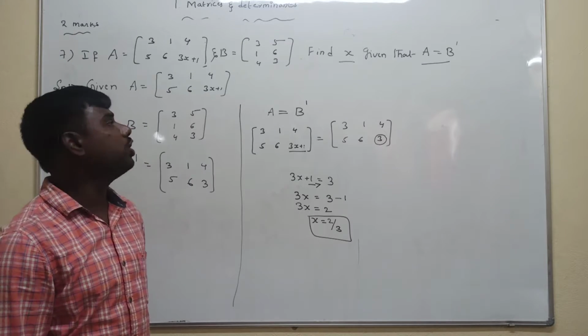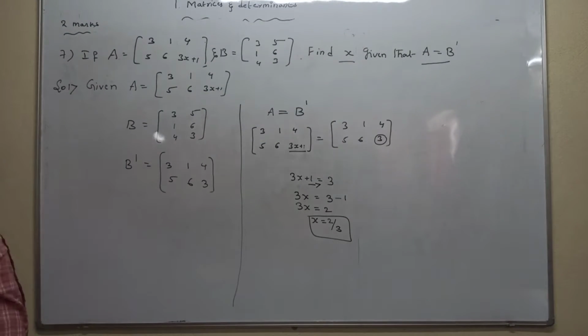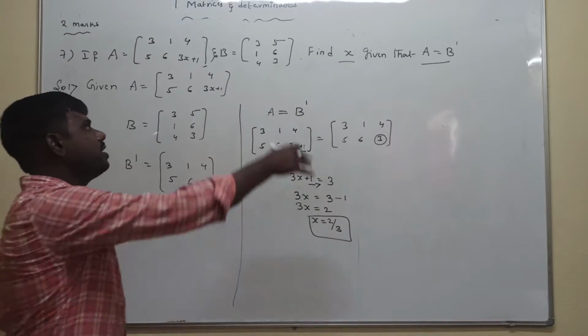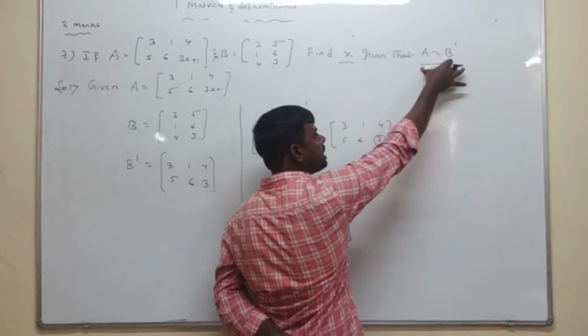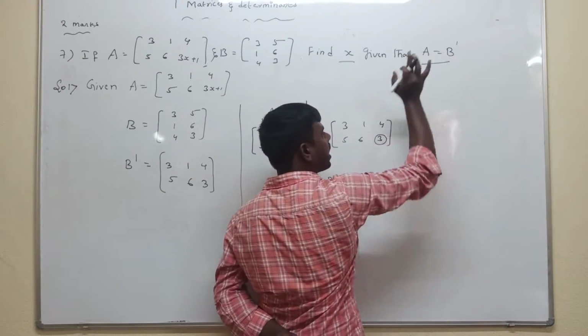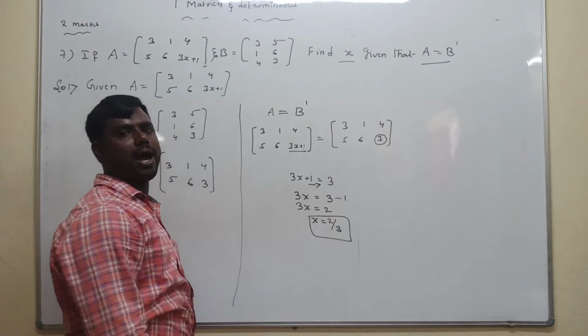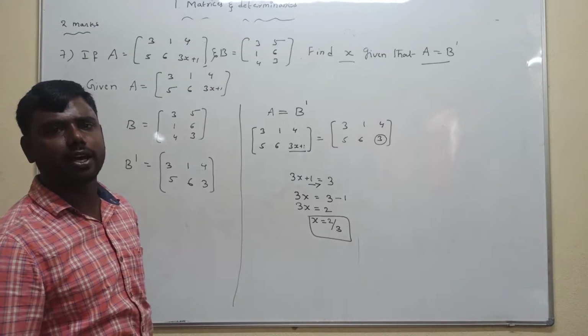This is the solution for the 7th question. Everyone understood how to find the x value? According to the given question, we equate capital A is equal to the transpose of B matrix. After that, both matrices are equal matrices, so corresponding elements are equal.